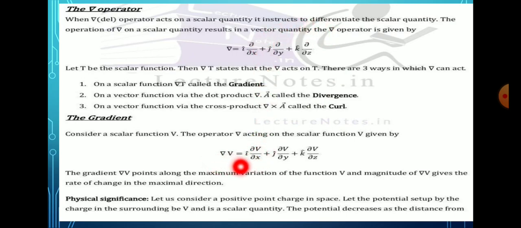Then the equation becomes i cap dou v by dou x plus j cap dou v by dou y plus k cap dou v by dou z. The gradient del v points along the maximum variation of the function v, and the magnitude of del v gives the rate of change in the direction of maximum change.